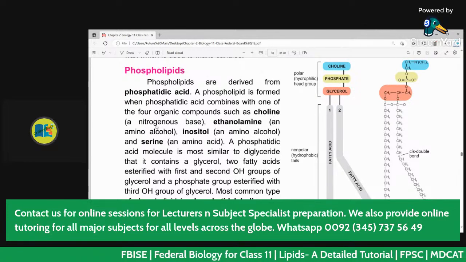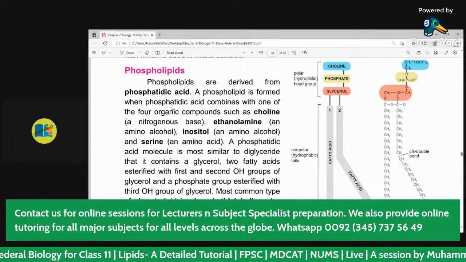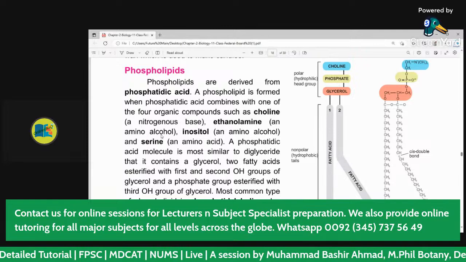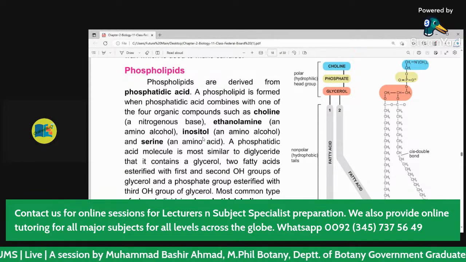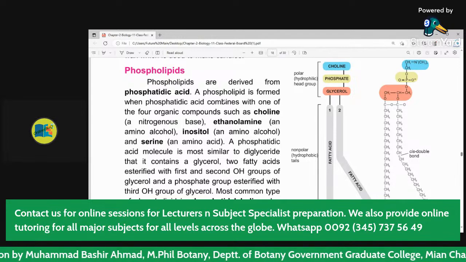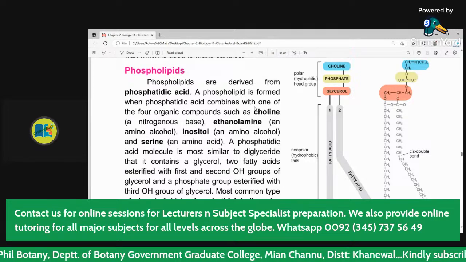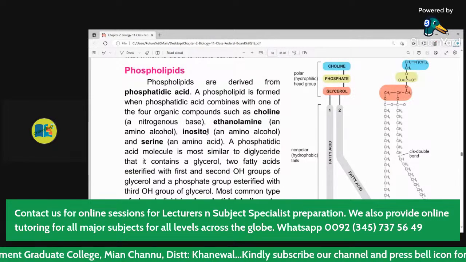Choline is a nitrogenous base, ethanolamine and inositol are amino alcohols, and serine is an amino acid.